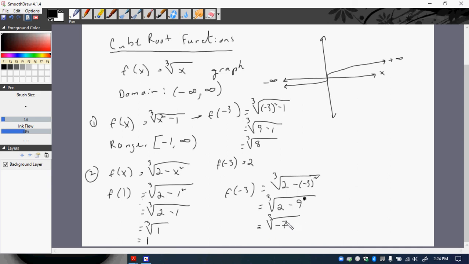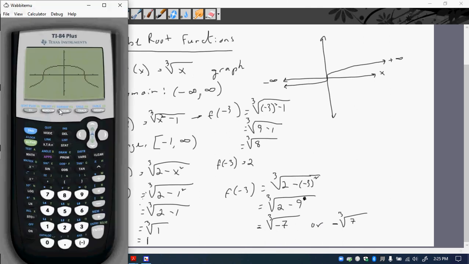We could write it this way if we wanted to, or we could take the negative out and make it the negative cube root of 7 if we wanted to. But you would have to write it one way or the other. Okay, and that's basically it. We can try that on our calculator. So go to clear, and we'll type that in. We can go to math, and we go to 4.